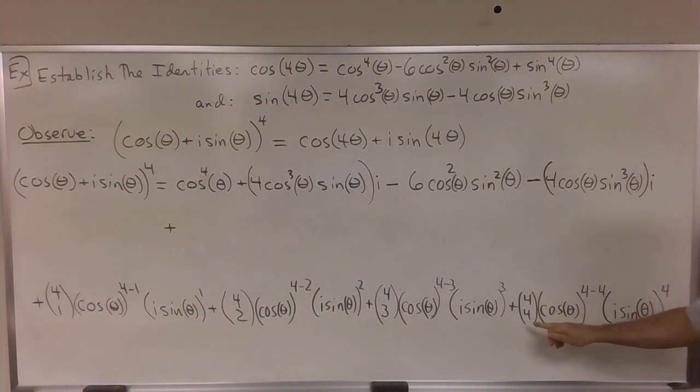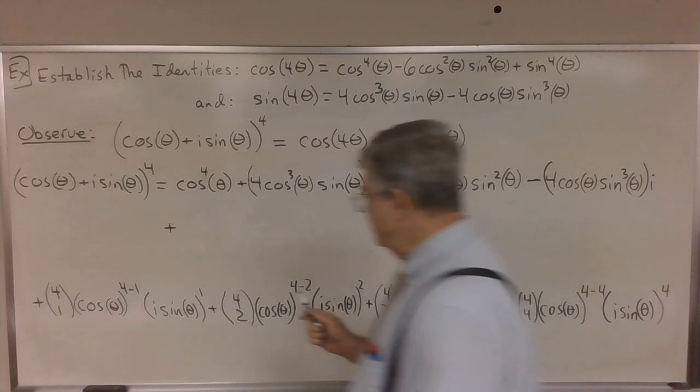So I have 1 times 1 times i sine of theta to the 4th. Well, let's see, i to the 4th. i squared is -1. So i to the 4th is i squared times i squared, or -1 times -1, which is +1, times sine of theta to the 4th.